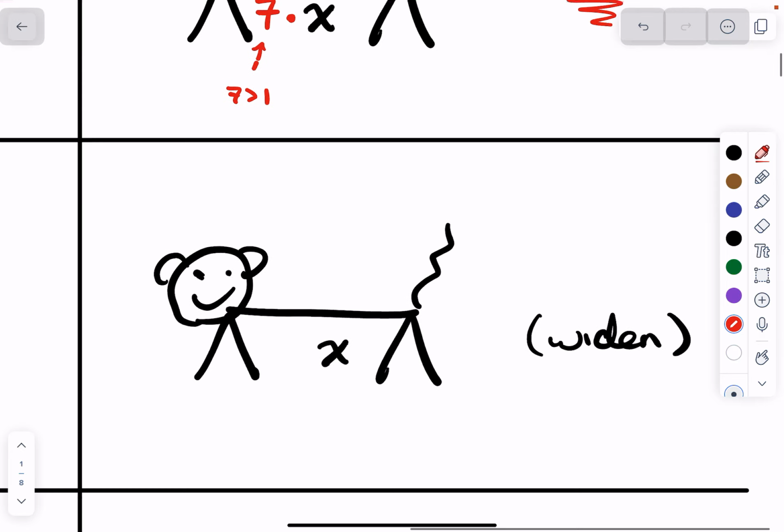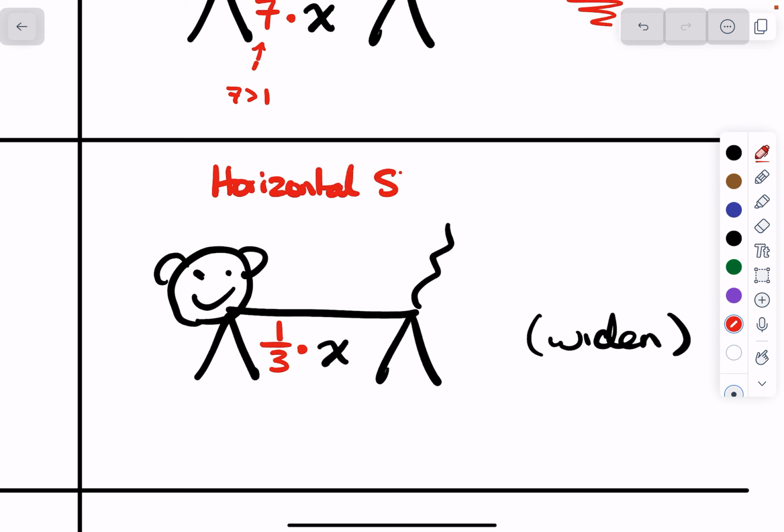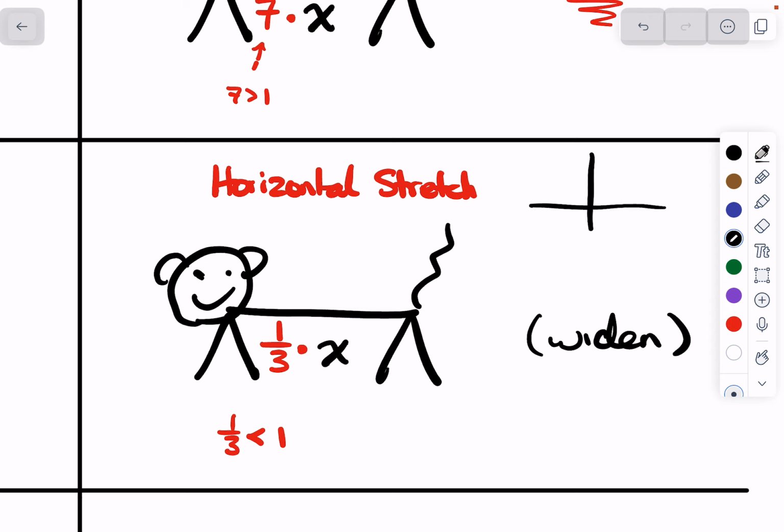And if we multiply by a number smaller than 1, let's say 1/3, this is going to give me a horizontal stretch. Again, I know this seems backwards, right? Because 1/3 is smaller than 1, we get a horizontal stretch. So the graph is going to widen.